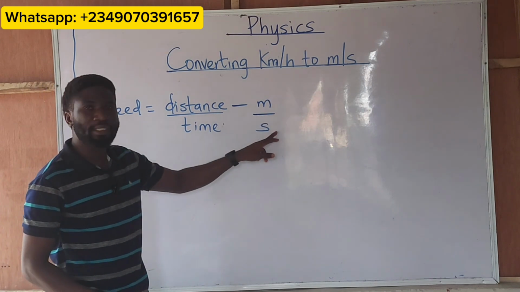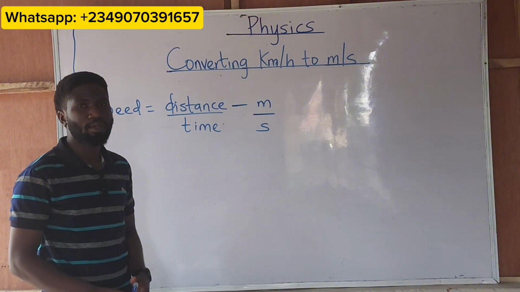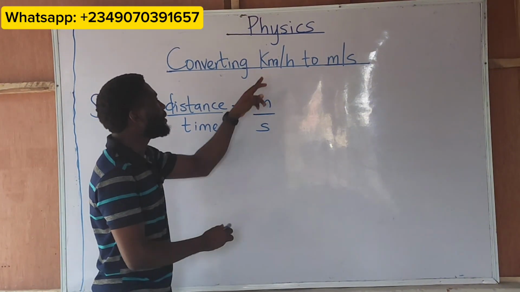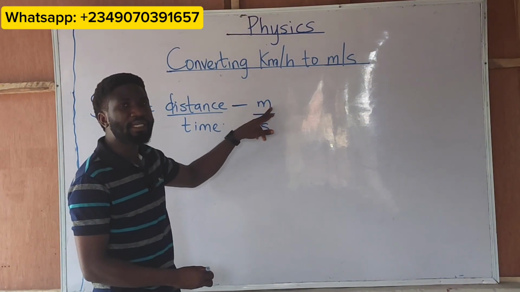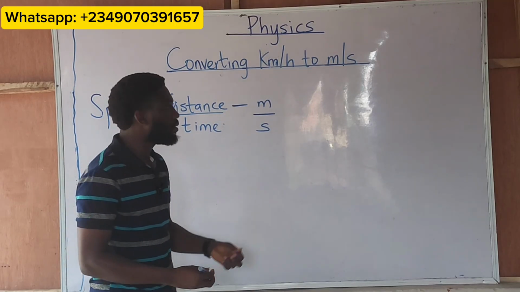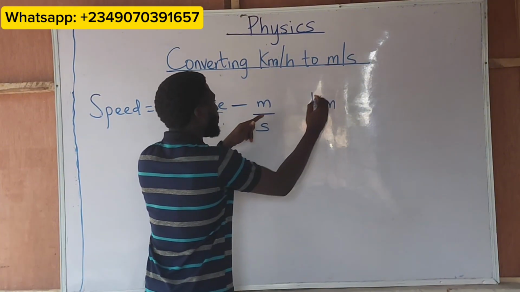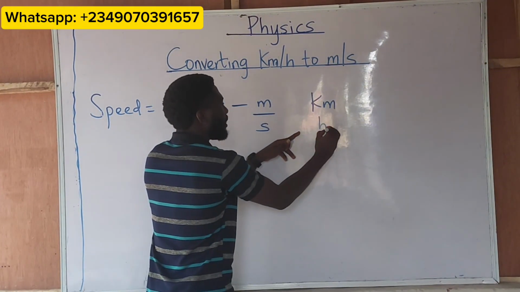So meter over seconds, that means meter per second. But in this case, the meter here is given to be in kilometers. Instead of meter, we are having kilometer. And instead of seconds, we are having hour.